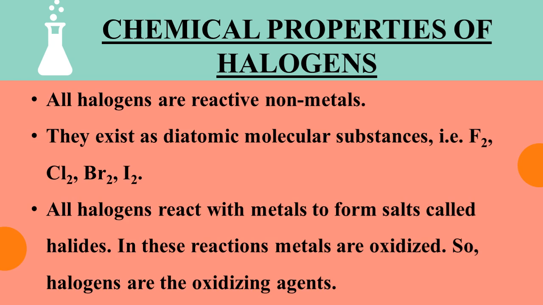It means they are helping the metal to lose the electron and they are gaining the electron by themselves. So halogens are the oxidizing agents because they help the metals to lose electrons, or oxidize, and they themselves are reduced, meaning they gain electrons. So halogens are the oxidizing agents and metals are oxidized in these reactions.